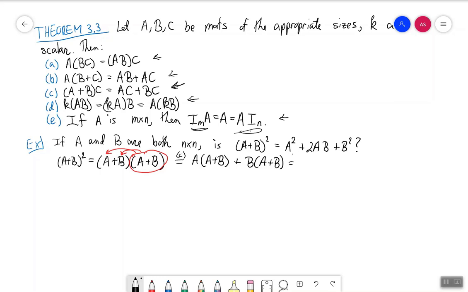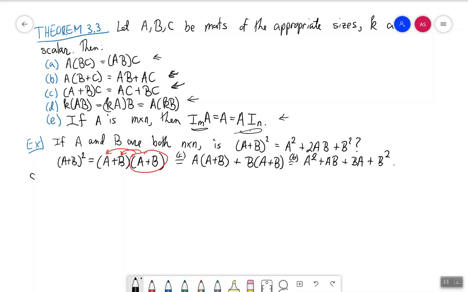Then using part B, the distributivity on the left, we get A times A, so A squared, plus A times B, plus B times A, plus B times B, or B squared.